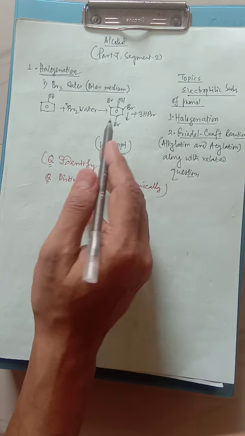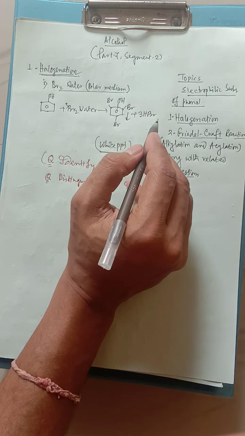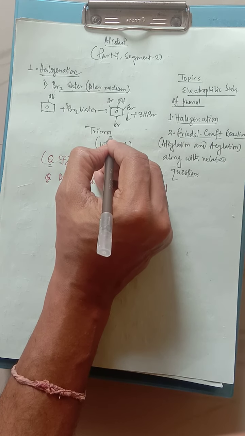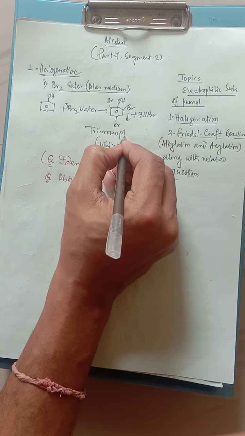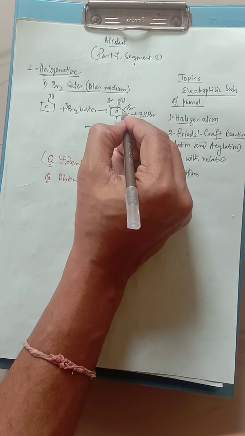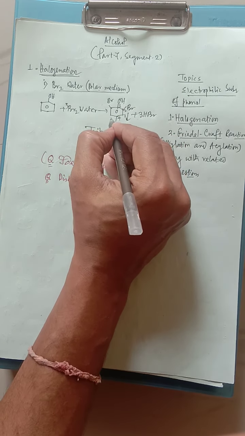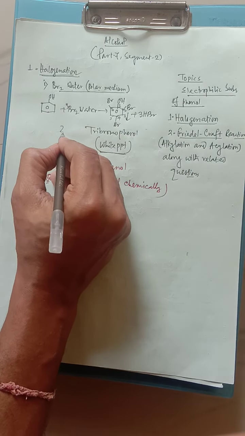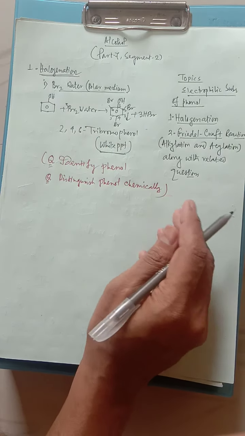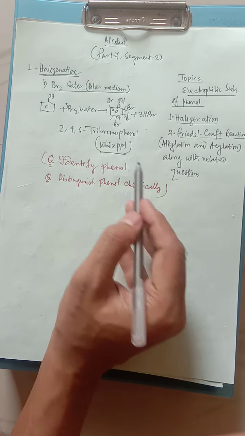So this may be the answer. Now this is the product that is prepared. So that is tribromophenol. Most accurately we can write down 1 2 3 4 5 6, so it will be 2,4,6-tribromophenol. So this is prepared. The white precipitate is prepared.